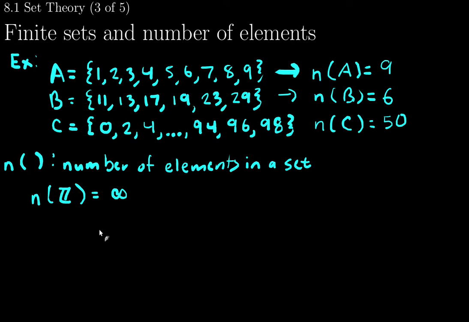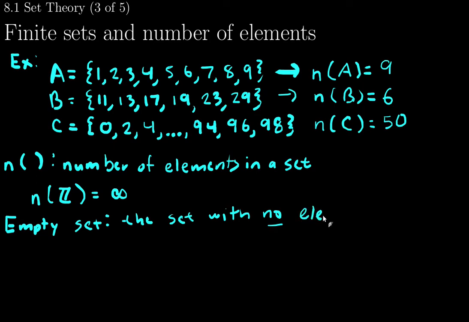We also have a special set called the empty set, which is the set with no elements. That can be written as either the curly brackets with nothing in there, or as this circle with the cross through.